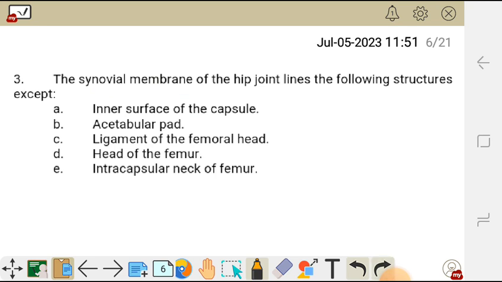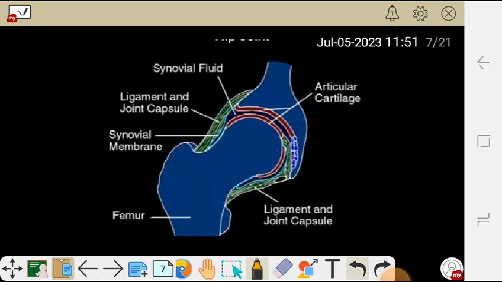synovial membrane? So this is the hip joint, and you could see we have the ligament there and the capsule. Then from there we have the articular cartilages, and we also have the synovial fluid. But our concern here is to see what is lined by the synovial membrane.